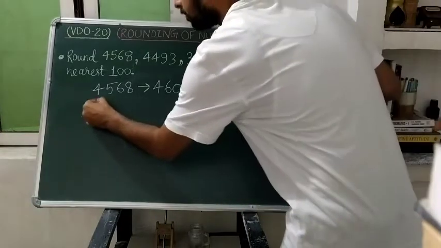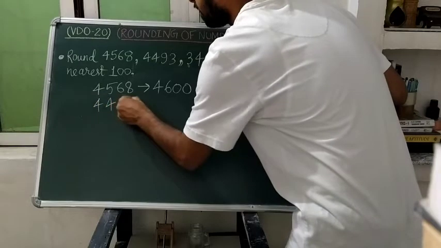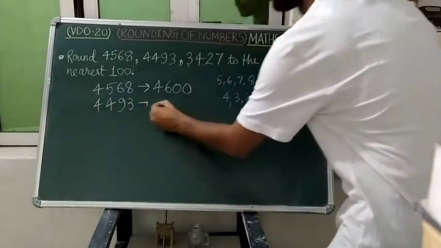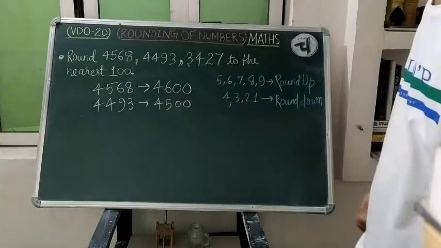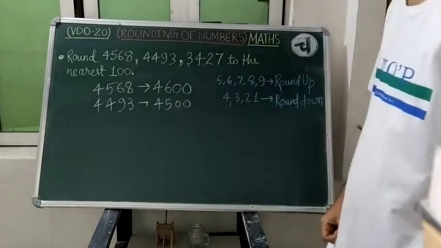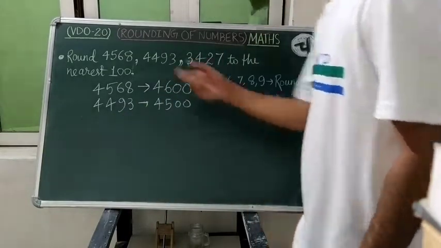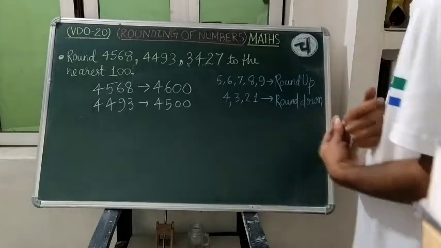And that 4493 we have seen was coming 4500. You can think if you have 4493 rupees, so nearest to the 100 you can say I have 4500 rupees.